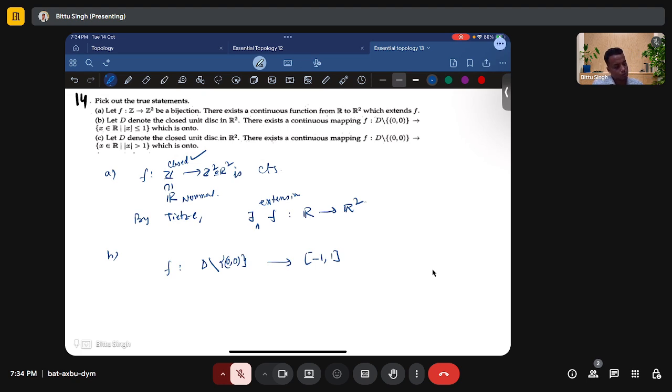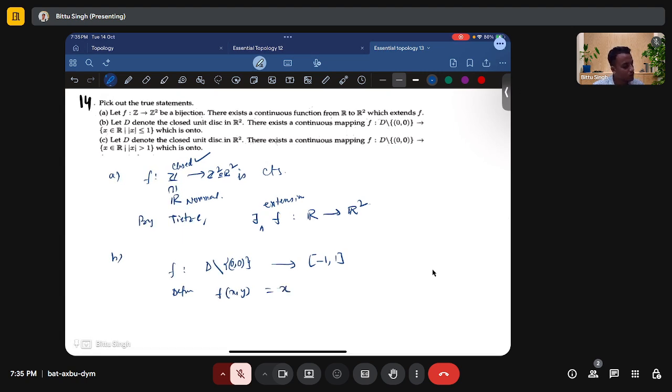So this is true, because what can we take? Define f of (x,y) equal to x. So this is our domain, which is the disk minus this point.